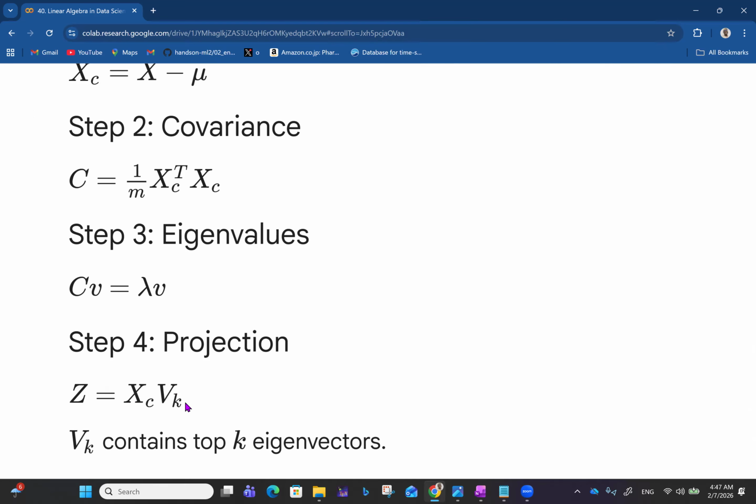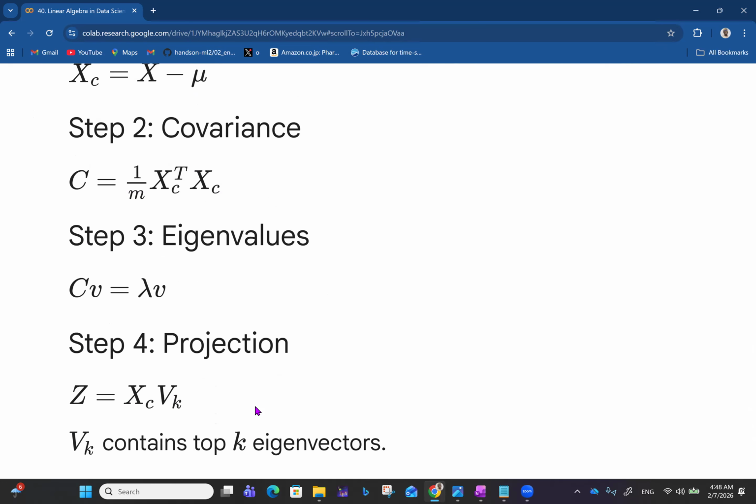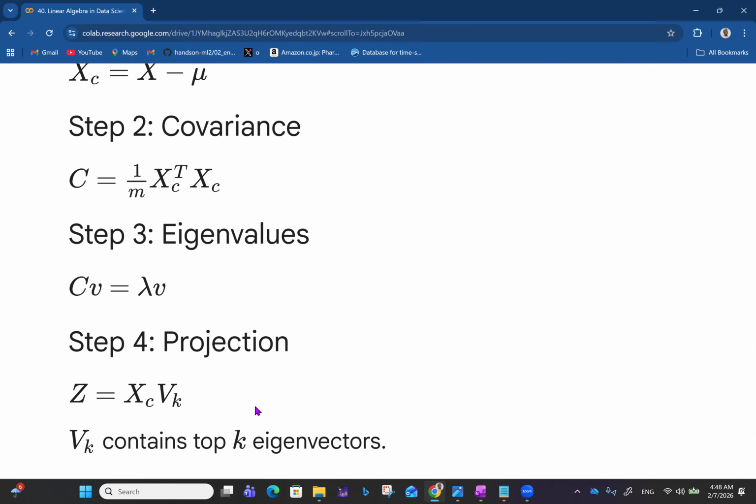So you have Z equals Xc Vk because you're projecting. Here Vk contains the top K eigenvectors. These top K eigenvectors will now be your most important features when you do the projection, because you would have removed all the unnecessary things.